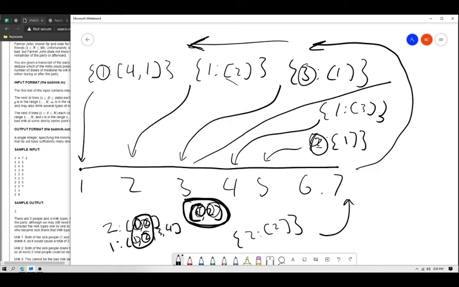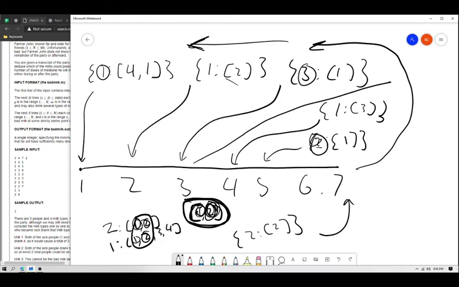And we want to find the maximum number of doses, because we want to find the minimum number of doses that we need.